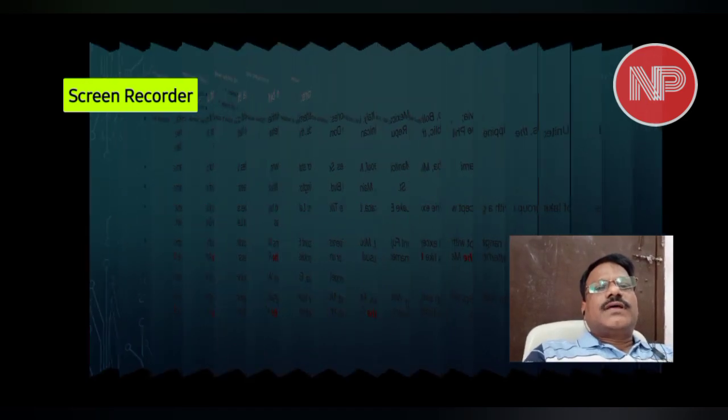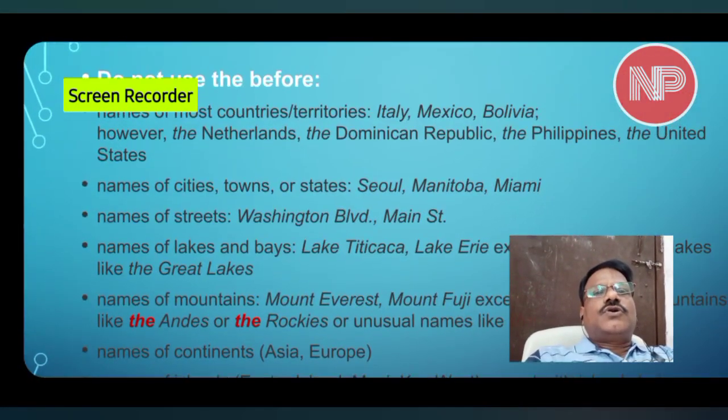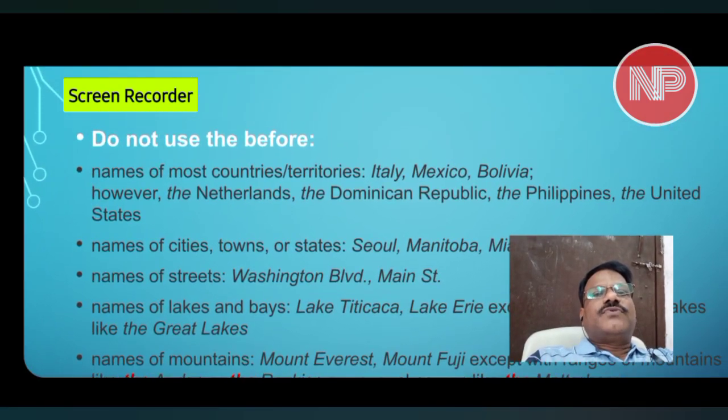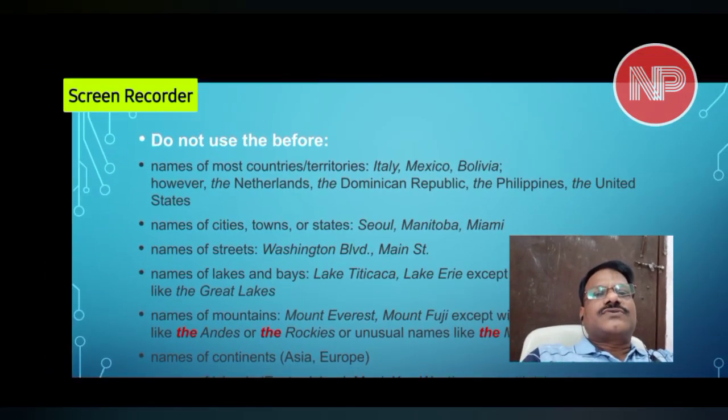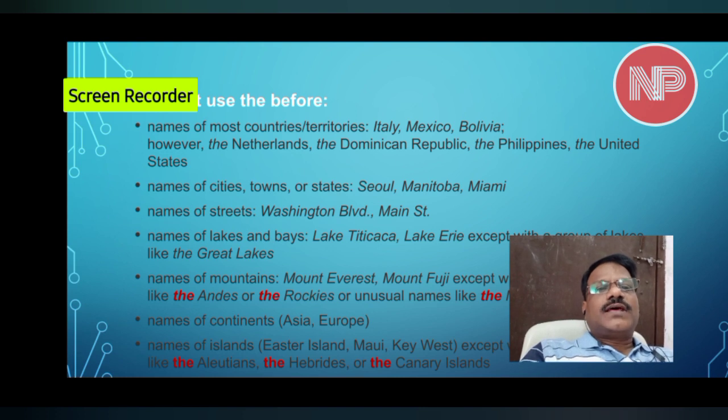See, do not use the before these nouns. Here are some rules that we should strictly follow. Names of most countries or territories, for example, Italy, Mexico, Bolivia, or any country you name.